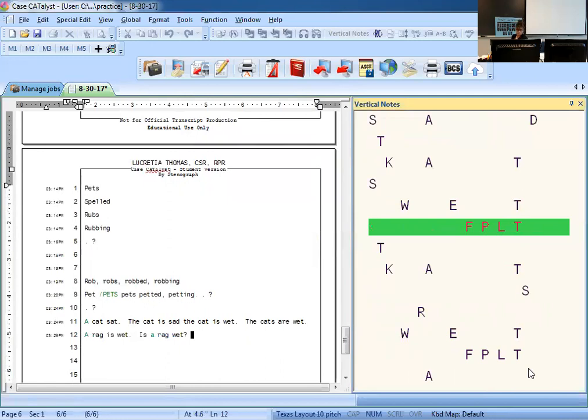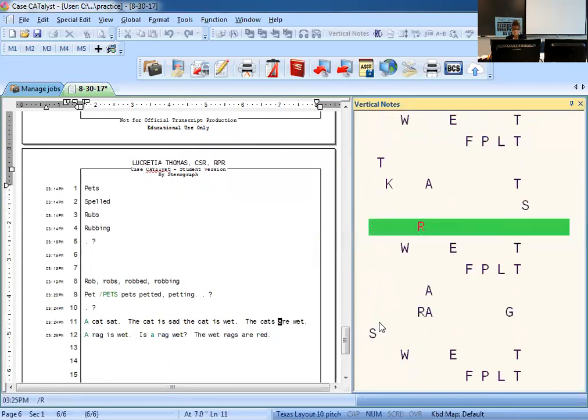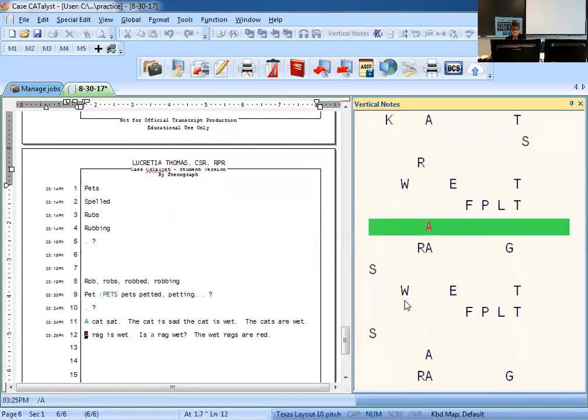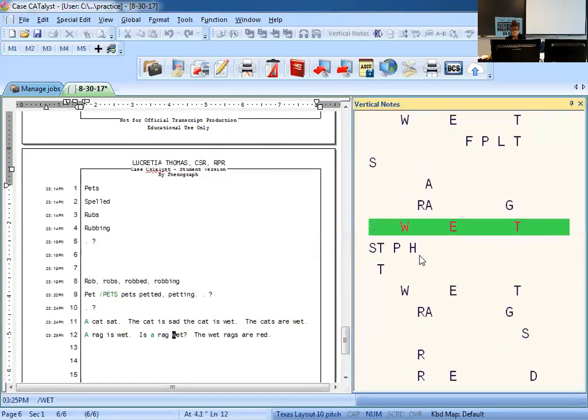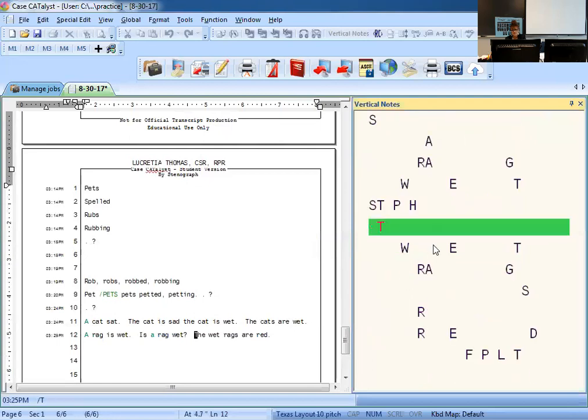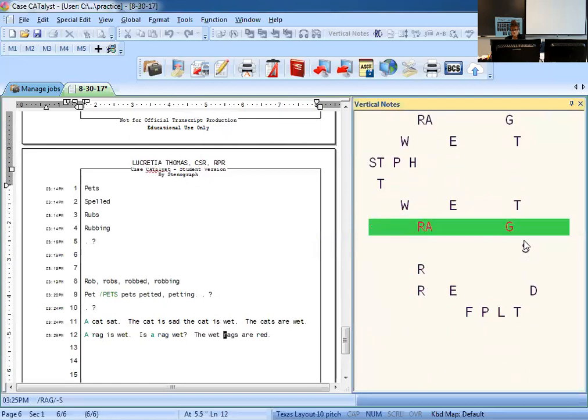The wet rags are red. Period. Okay? So that way you can see a rag is wet. Is a rag wet? Read your steno notes. The wet rags, notice I came back final S, are red.